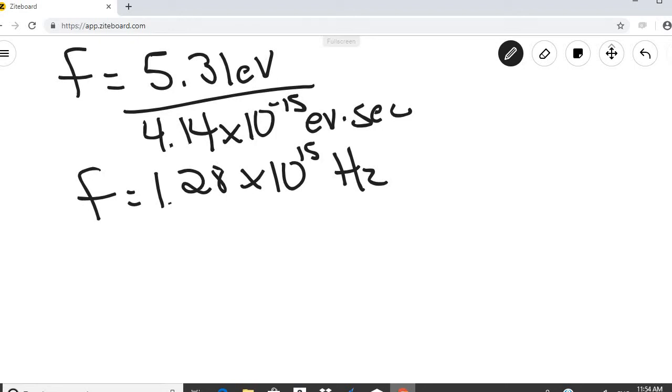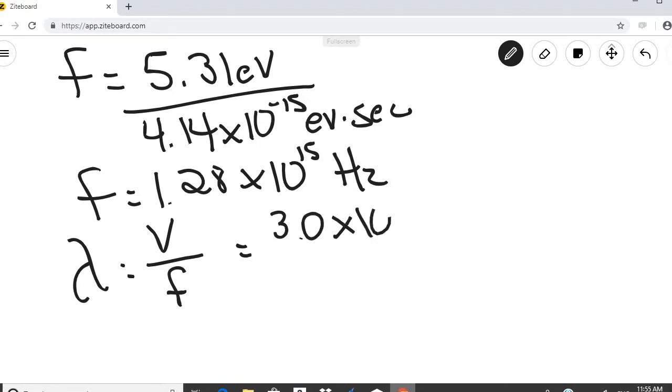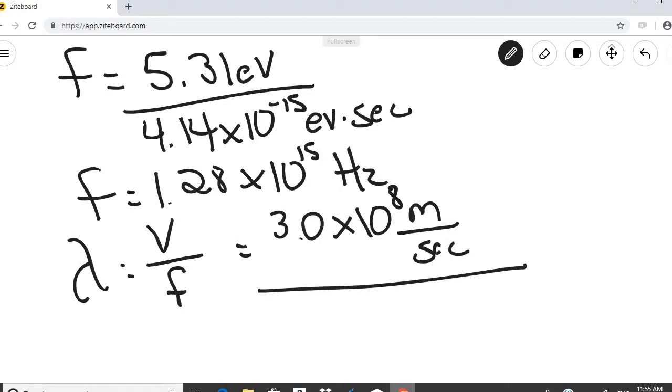Okay, now we can go ahead and wavelength is equal to velocity divided by frequency. So the velocity is going to be the speed of sound. And we'll divide by the frequency, which we just determined to be 1.28 times 10 to the 15 hertz, which is 1 per second.